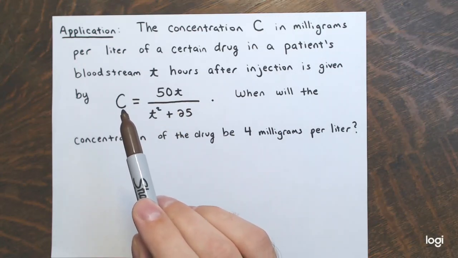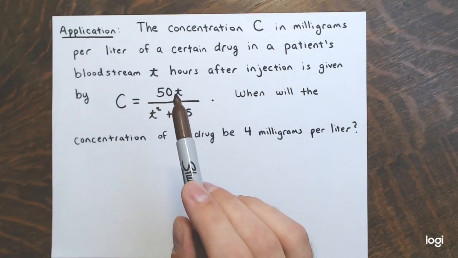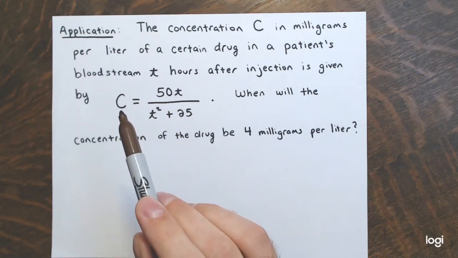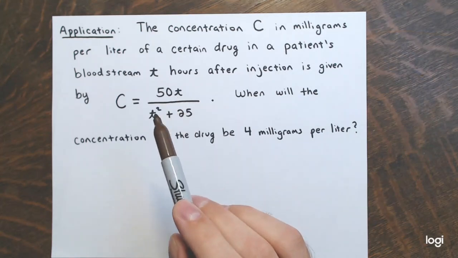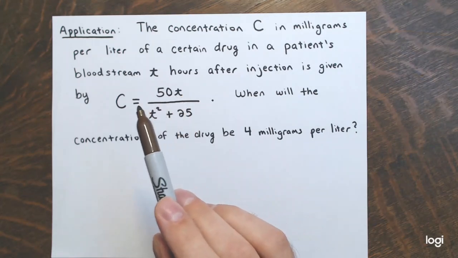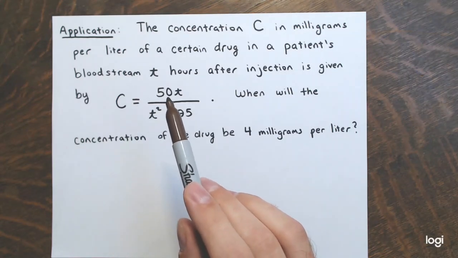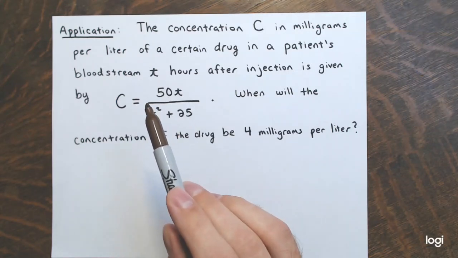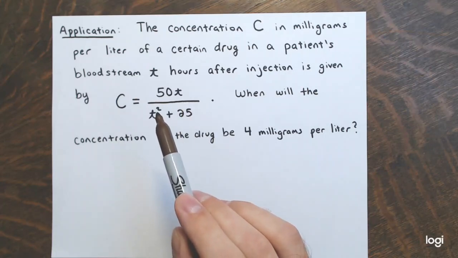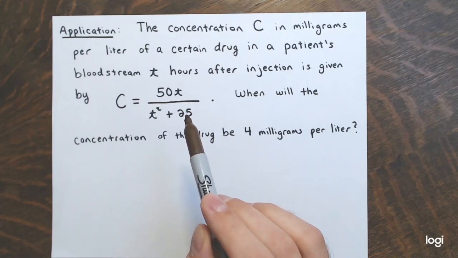C represents the concentration of the drug in the blood in milligrams per liter. T represents time in hours. So the concentration C is equal to 50 times T divided by T squared plus 25.